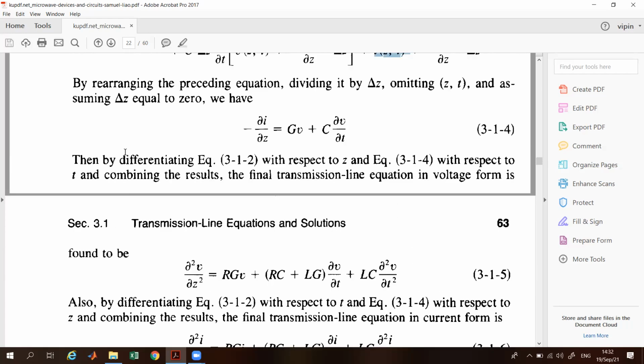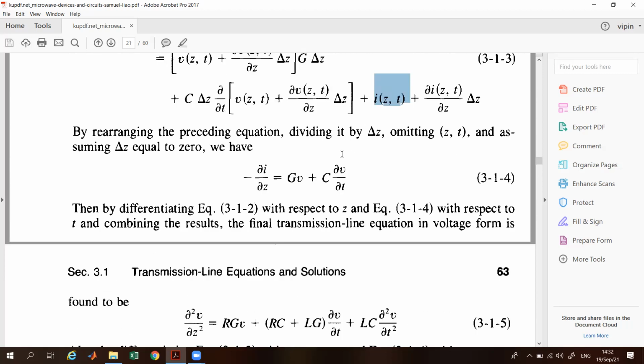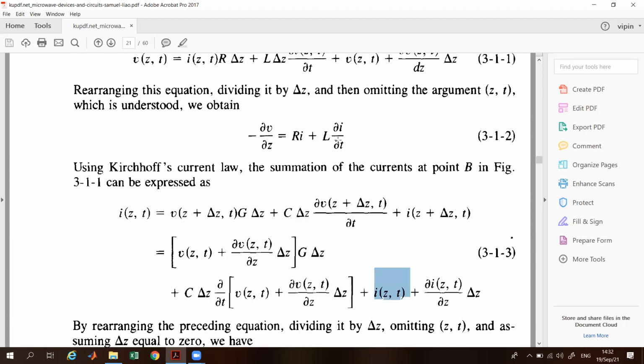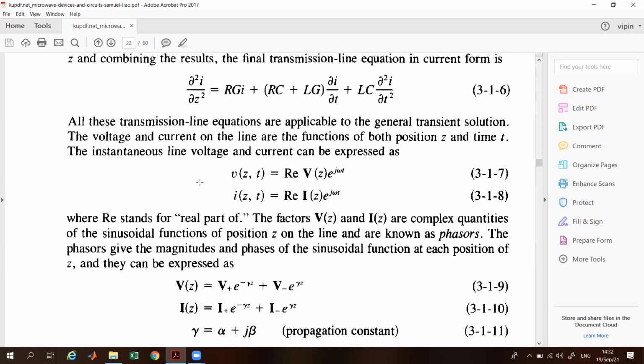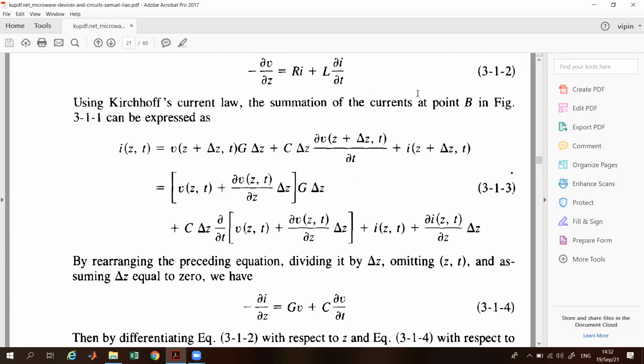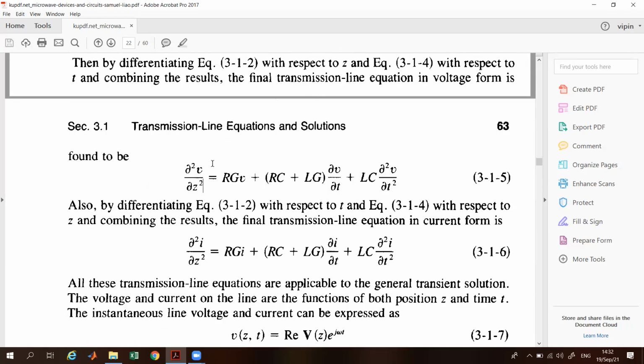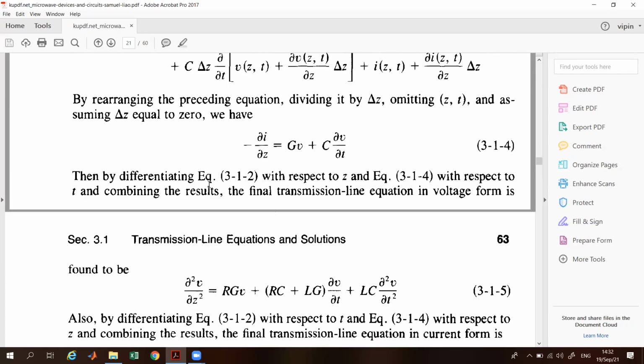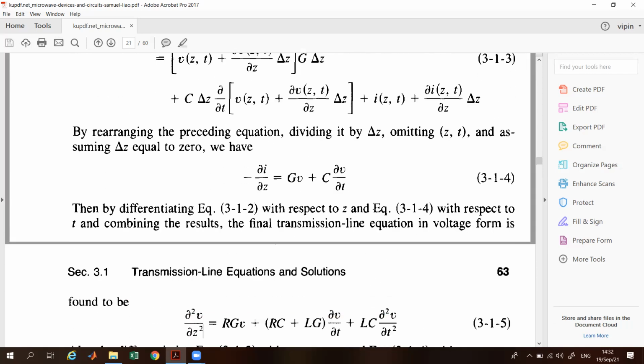So if we differentiate this equation with respect to z, it will become d square V by dz square, and equation 3.1 with respect to t, and combine the results.